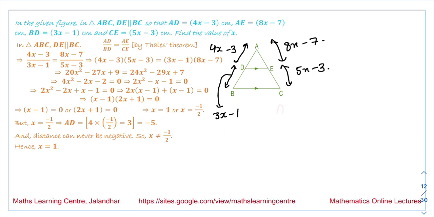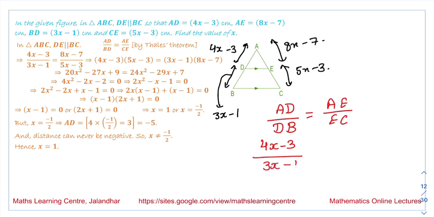So by basic proportionality theorem, we are saying AD over DB is equal to AE over EC. So what we get is that 4x minus 3 over 3x minus 1 is equal to 8x minus 7 over 5x minus 3.